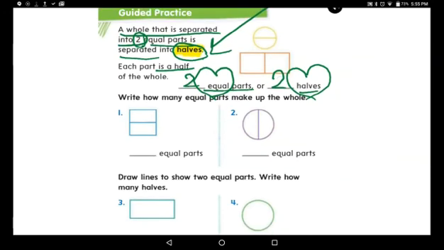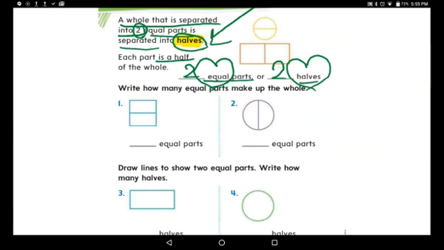Now let's go to the first question. Write how many equal parts make up the whole. Let us count. Here I have a square. Look at this square. Into how many parts did they cut this square for me? 1, 2. So this is a part and this is the second part. So it's two equal parts. Let's go to the circle here. I have a whole circle.